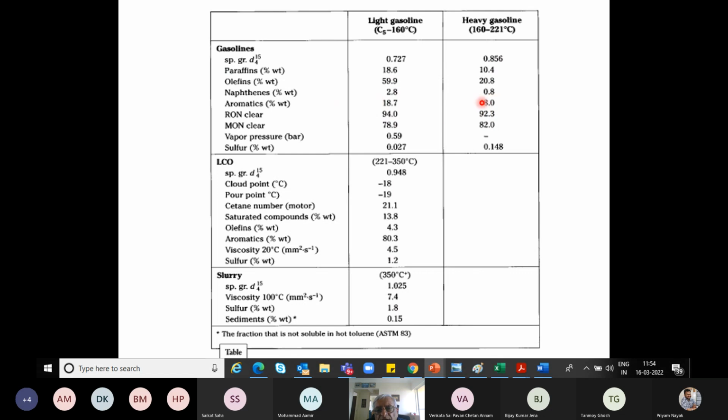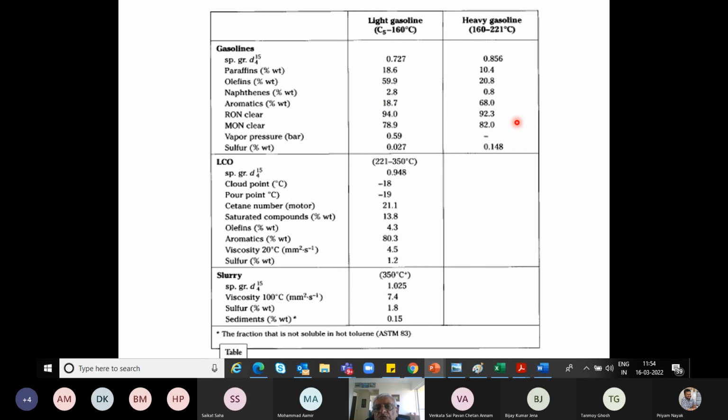Aromatics is pretty high, and I'll come back to this aromatics part later. One thing that you must see is that there is a significant quantity of olefins here. So if you blend this gasoline into the gasoline pool, and if the olefin limit is 18%, you need to have diluents like reformate and isomerate to dilute the olefins in the FCC gasoline.